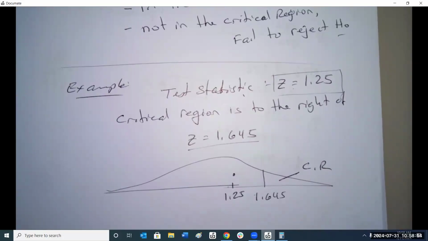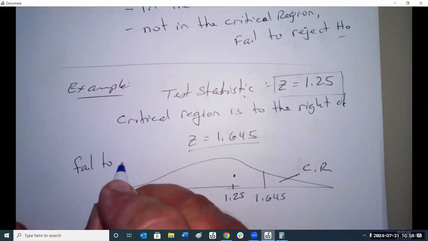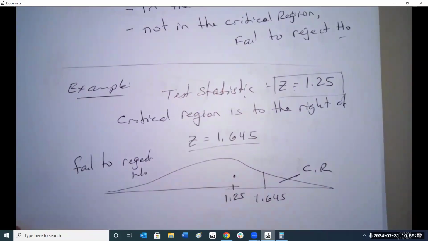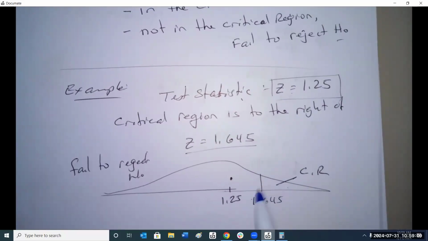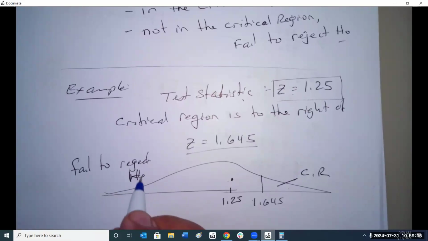You reject it. We reject it if it's in the critical region. Since it's not in the critical region, we fail to reject H0.